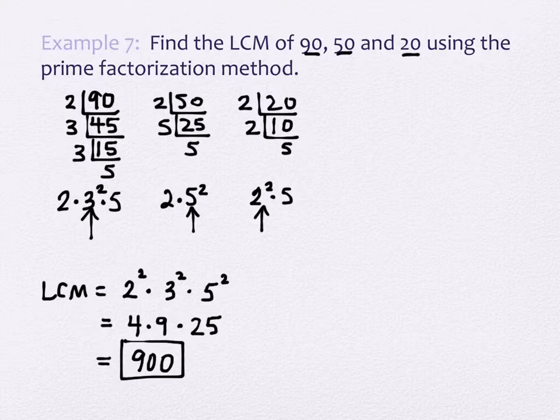You could just divide it. Yes, you could take 900 divided by 90, 900 divided by 50, 900 divided by 20. And if it's really a multiple, then every time you divide, you get a whole number answer, right? No remainders, no decimal points. Very good, Sydney. Okay, everybody good with that one?